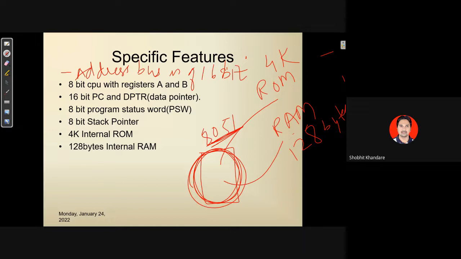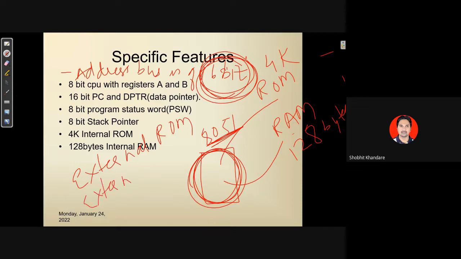We cannot change. लेकिन अगर हमको रोम बढ़ाना है या रैम बढ़ाना है, can anyone tell me, if the address bus is of 16 bit, एक्सटर्नल रोम कितने का लगा सकता हूं और एक्सटर्नल रैम कितने का लगा सकता हूं? आपको पता है सिस्टम बस में 3 बसेस होती हैं, एड्रेस बस, डेटा बस, कंट्रोल बस. एड्रेस बस अगर 16 बिट का है तो मैक्सिमम कितने साइज का लगा सकता हूं?